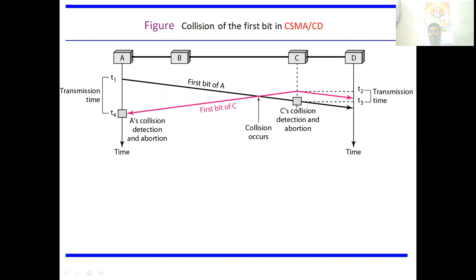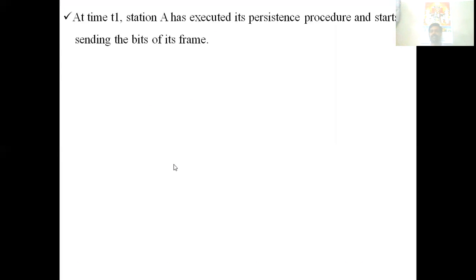So both collide, and the frame is lost. But since the medium is continuously monitored by A and C, they know about this collision. So that is collision detection.